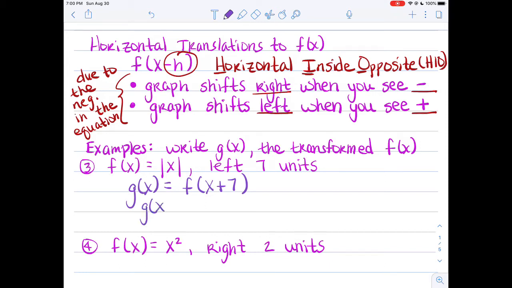So g of x, substituting in that f of x is the absolute value of x in this particular example, we see that g of x is going to be the absolute value of x plus 7. That 7 has to occur inside the grouping symbol of the absolute value bars in this case.